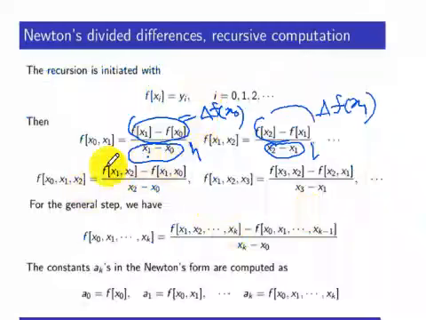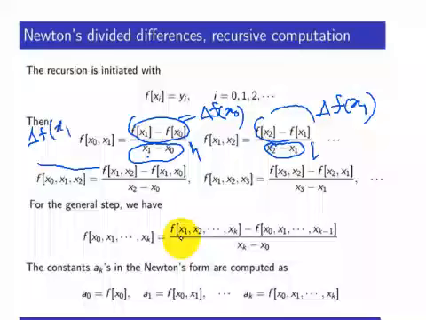Similarly, we can write this one in terms of the forward divided difference operator. So this would be delta of f of x1 divided by h, and this would be delta of f of x0 divided by h.